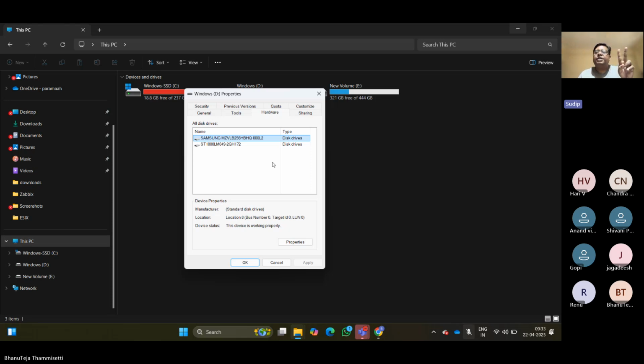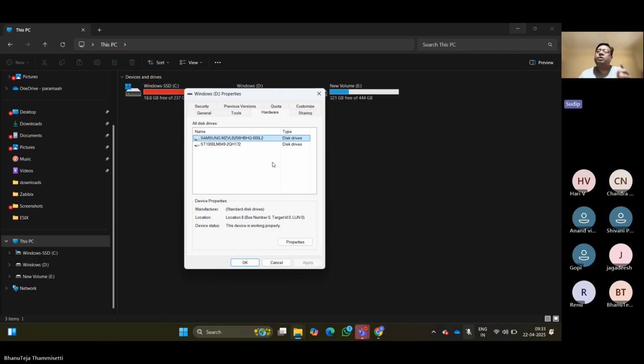So using a combination of these two, you can identify which disk drive we are exactly talking about. That is why you see, even though the bus number of both the hard disks in Bhanu's laptop is the same, the location number is not the same. The location is different.